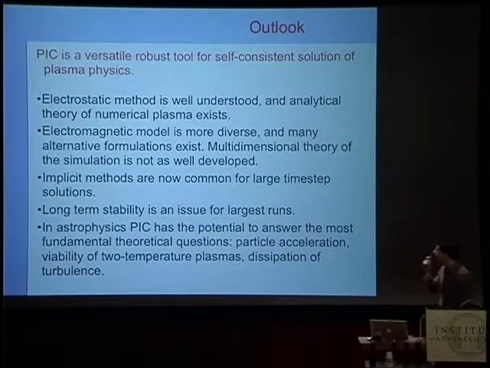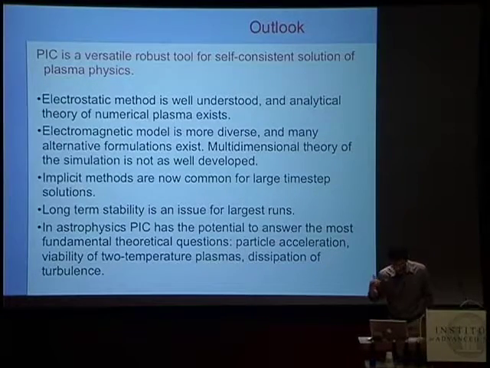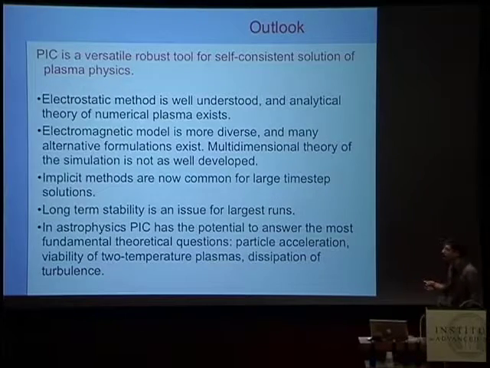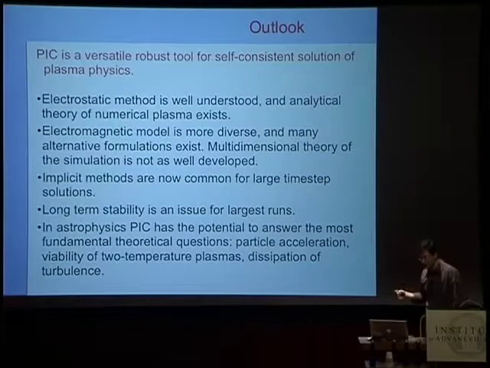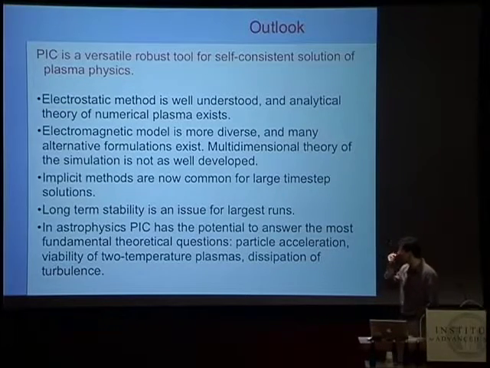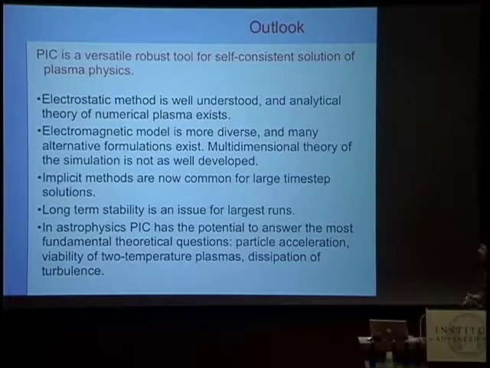To summarize my talk, I've discussed two of the typical types of simulations of plasmas, the electrostatic and electromagnetic method. The electrostatic method is more or less understood by now. The electromagnetic method has different flavors.